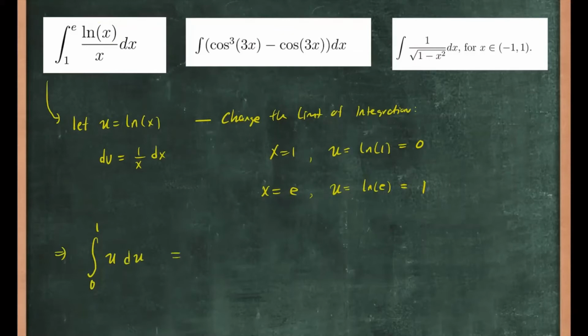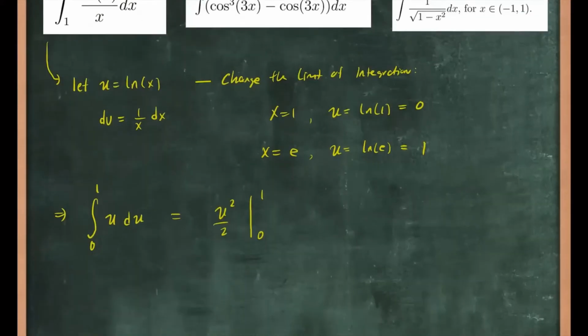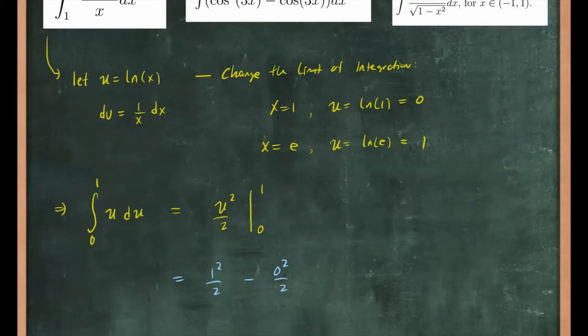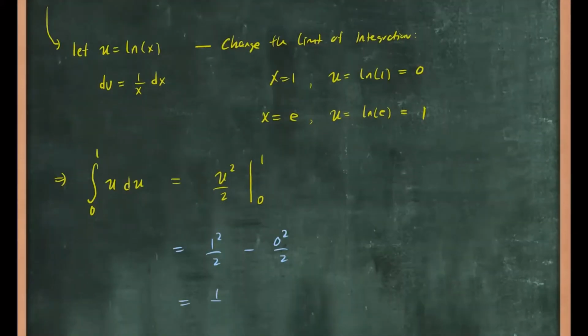And then when you integrate this using the power rule, you have u squared over 2. And now we can take it from 0 to 1. Since we already changed the limits of integration, you don't need to plug in what u is in terms of x. Now let's plug in the upper limit: 1 squared over 2 minus the lower limit, 0 squared over 2. And that would give you 1/2.